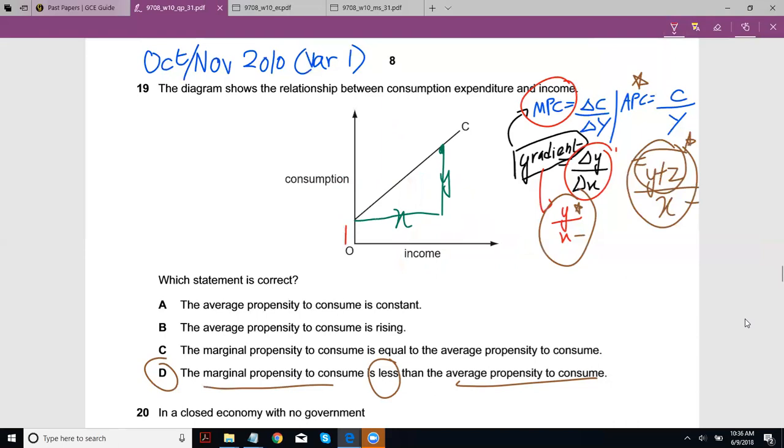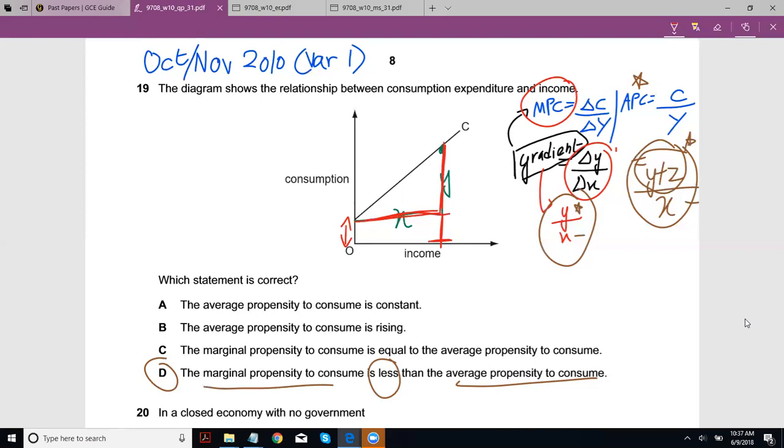But because there is a particular positive y-intercept, your APC would have the same denominator value, that is x for income, but for consumption it would have y and it would have this distance as well, for any particular point. So your APC will always be greater than your MPC in this particular line. So that is why you can go with D.